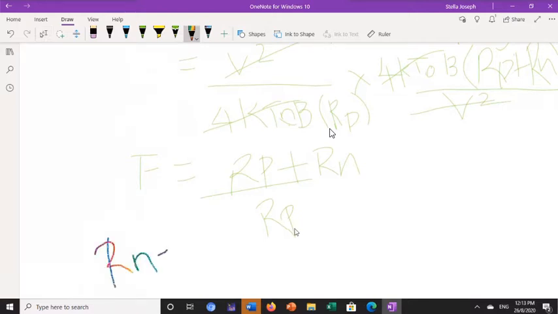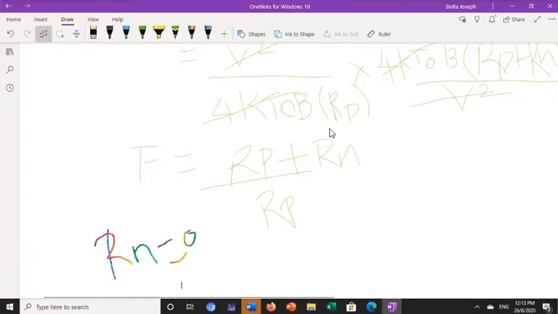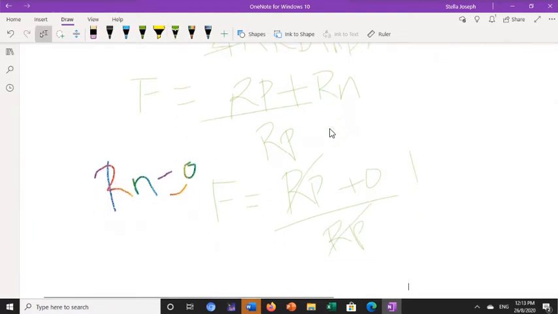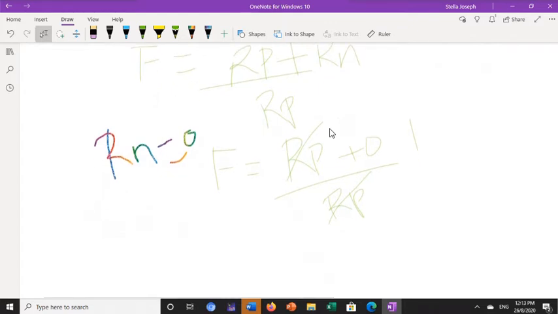Consider if my noise resistance is 0. So what will my noise factor be? I will not overwrite this. If my noise resistance is 0, then Rp plus 0 divided by Rp. This and this will get cancelled and I'll get 1. So F is unity.